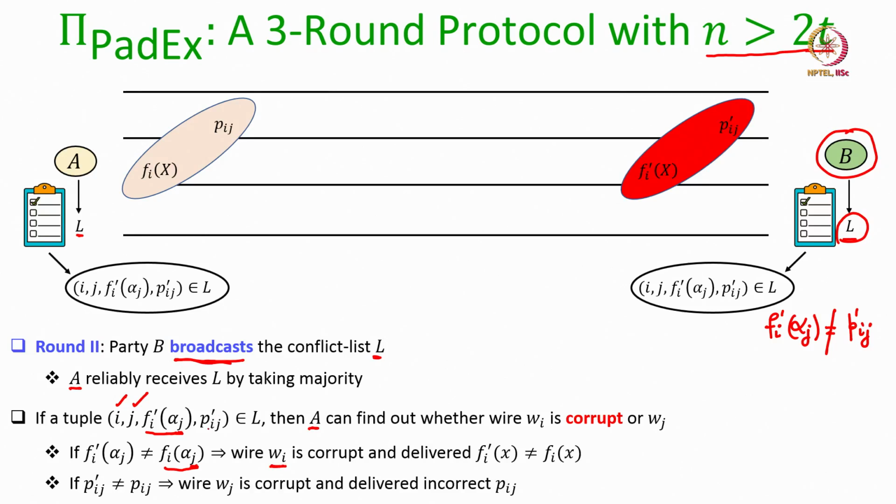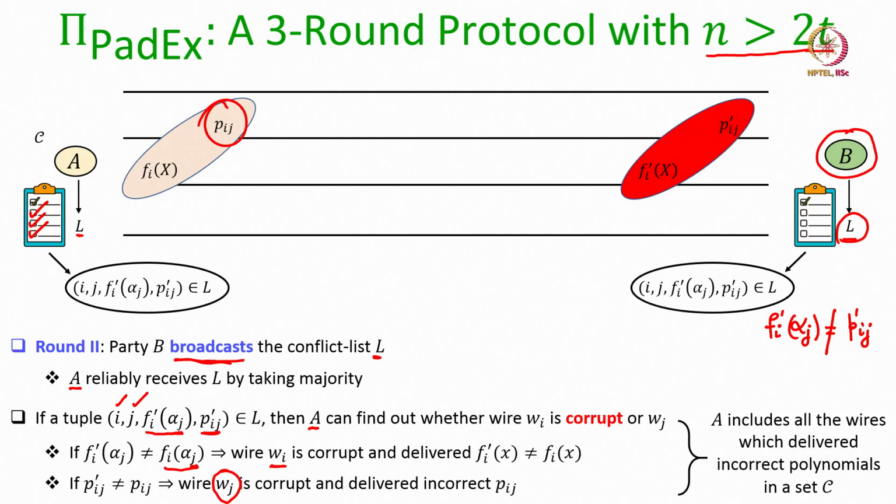In the same way, it can take the second conflicting value in that tuple and compare it with the value that it had sent during round 1, and if a mismatch occurs, then it can conclude that it is the jth wire which has delivered an incorrect value during round 1. Party A will carry out this computation for each conflicting tuple present in the conflict list, and from that it can find out which of the two wires in each conflicting tuple is the corrupt wire.